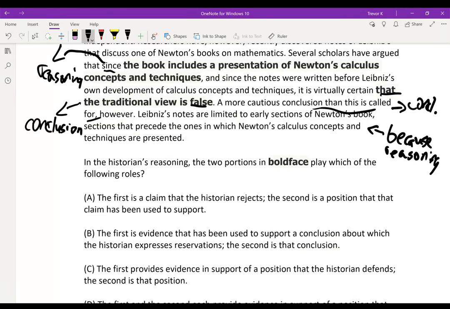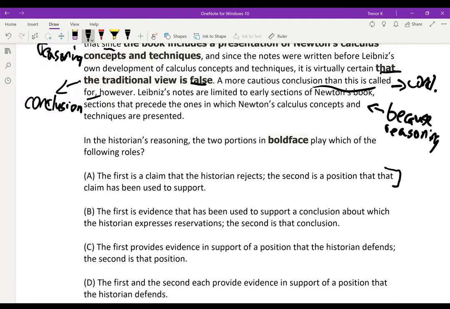In the historian's reasoning, the two portions in boldface play which of the following roles? The first is a claim that the historian rejects. So I don't know if the historian rejects these claims. So let's say the second is a position that claim has been used to support. So let's keep that for now.